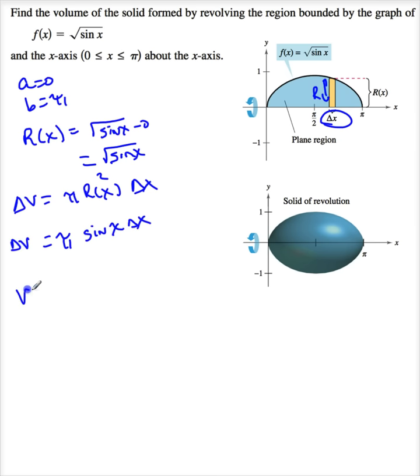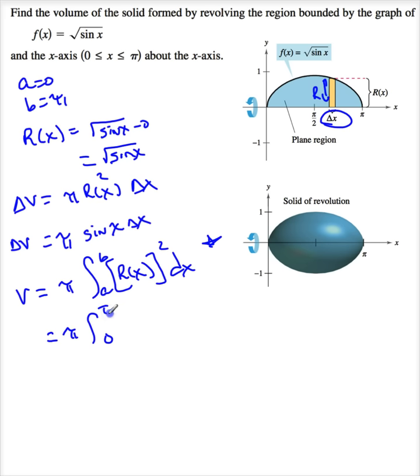So the volume is going to be, I'm just going to integrate this, pi times the integral from a to b of r of x squared, and I'm going to put brackets here, dx. And yes, I need to see your generalized formula. So this is equal to pi times the integral from 0 to pi of r of x squared. Now if you've written this, it's just a matter of plugging it in.